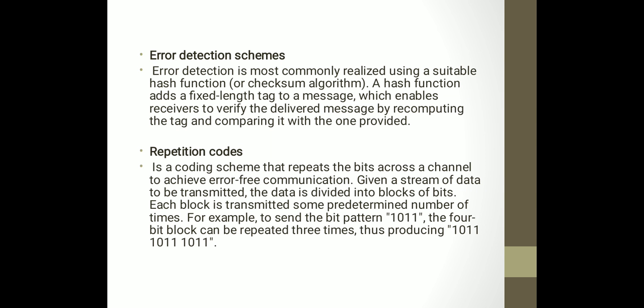That is called single bit error. Repetition code: when you are talking about repetition code, the same data is repeatedly sent to the receiver. While checking the received data, if there is some difference, it is easy for us to identify that the particular data we received has some error.